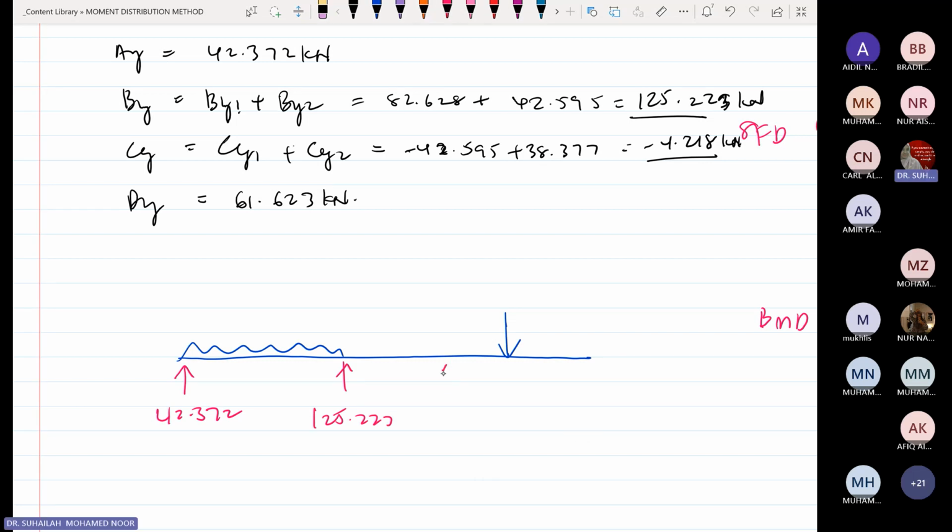CY is negative 4.218. DY is 61.623. This is 100. This is 25, 5, 4, 3, 3.